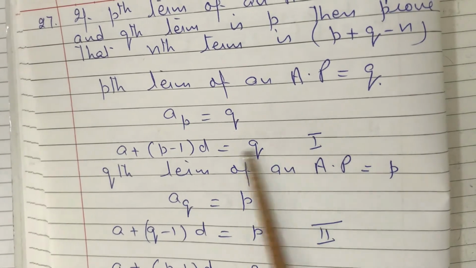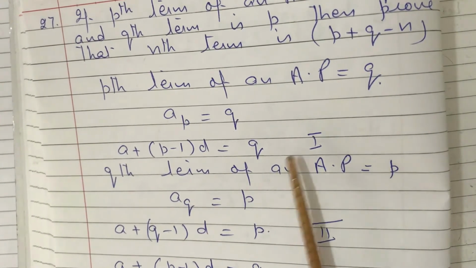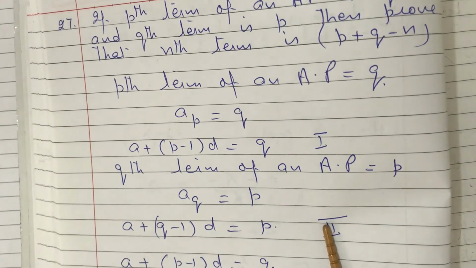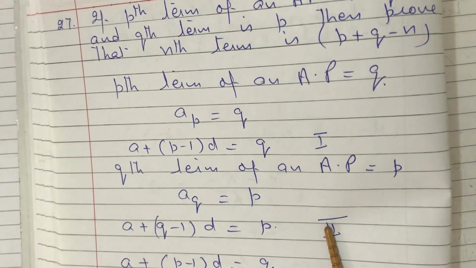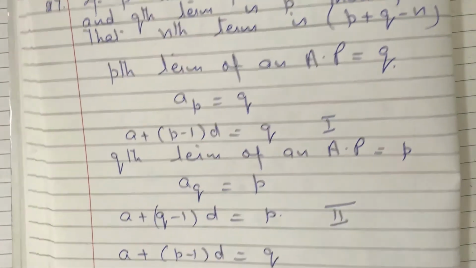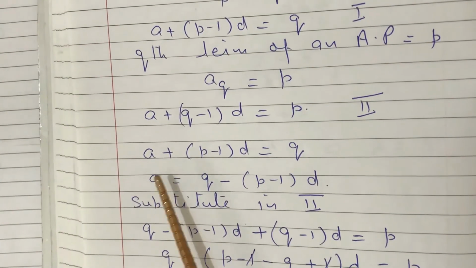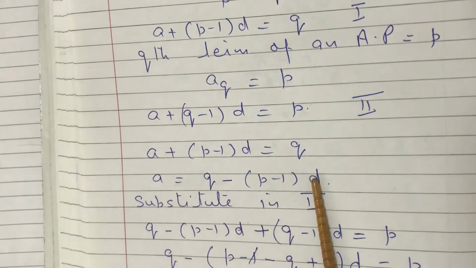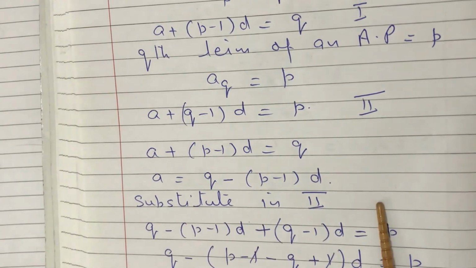Now I have these two equations. So from this, either by the elimination method or by the substitution method, find the values of a and d. Here I have applied the substitution method. From this I have found the value of a and substituted it into the other.